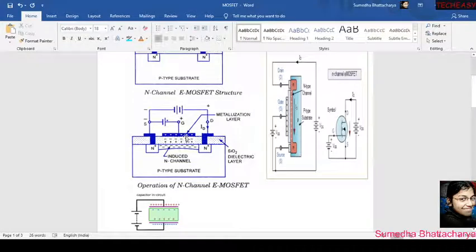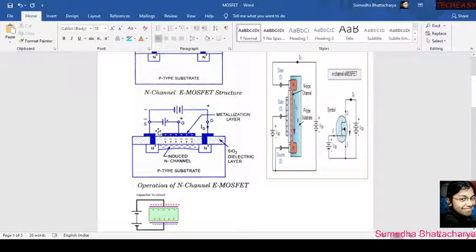Okay, the answer is here. We have to create one N channel here, by the use of SiO2, that means silicon dioxide. How can we prepare it? Okay, let's start.